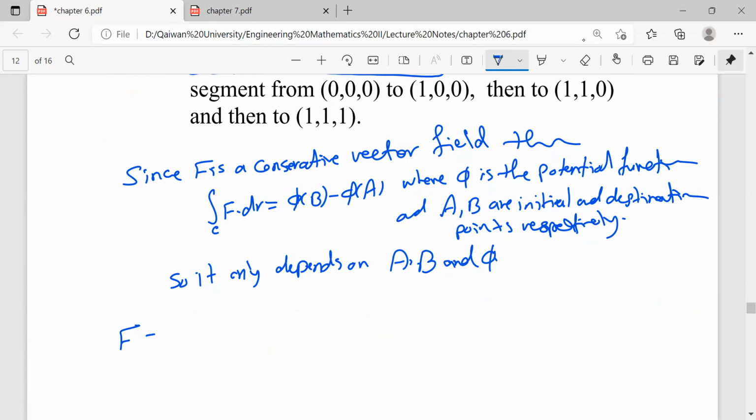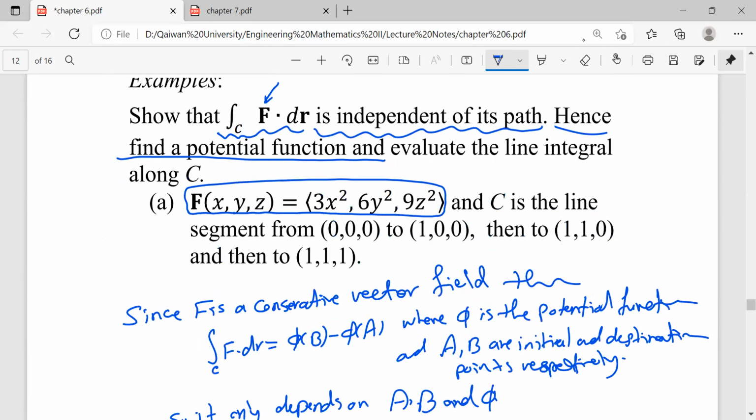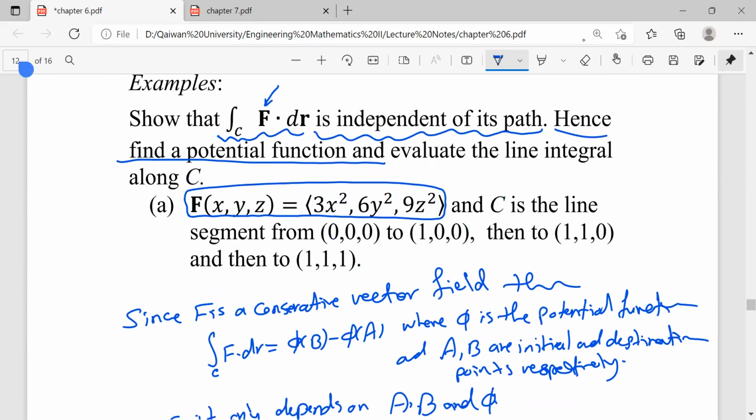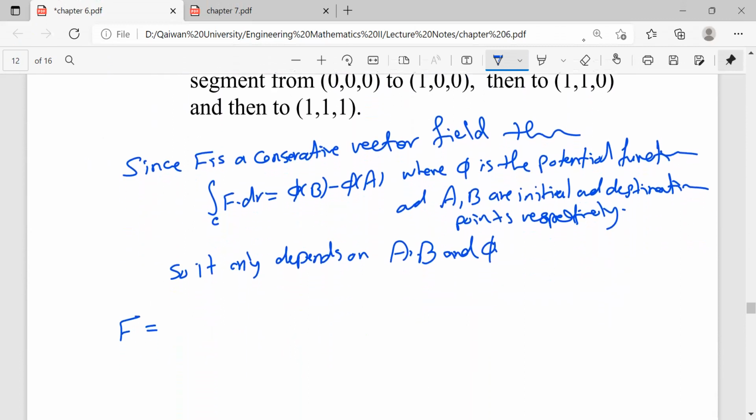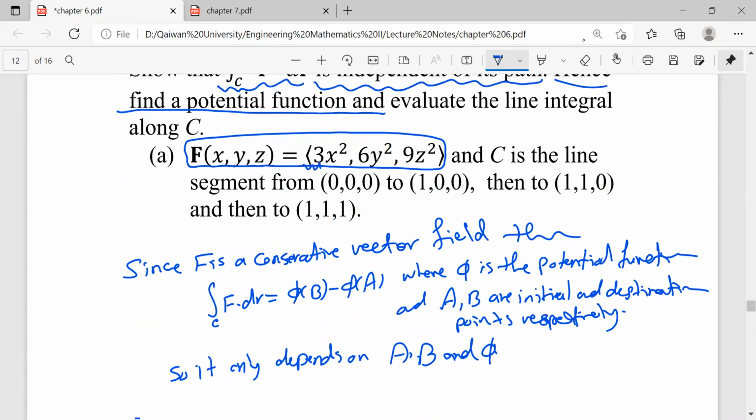F equals angle bracket 3x squared, 6y squared, 9z squared. This is a vector. As you see, it's written between two angle brackets, that means it's a vector, and the components are separated by commas. This one is the first component, this one is the second component, and this is the third component.